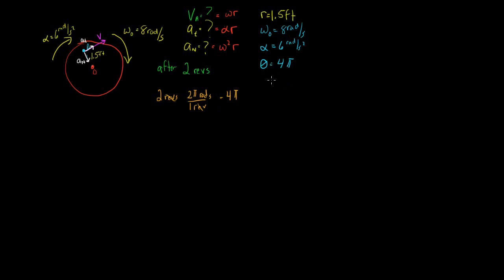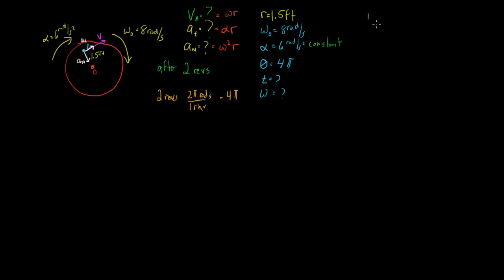We're not given anything about time, and we're not given the final angular velocity. Because the angular acceleration is constant, we can use these equations that are like our kinematic equations for motion in one direction.